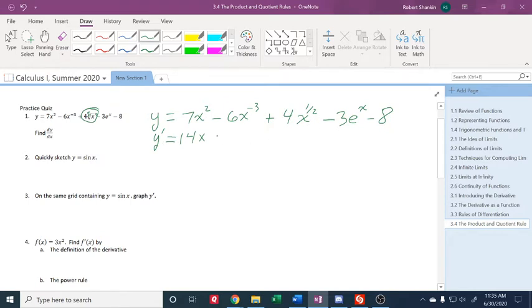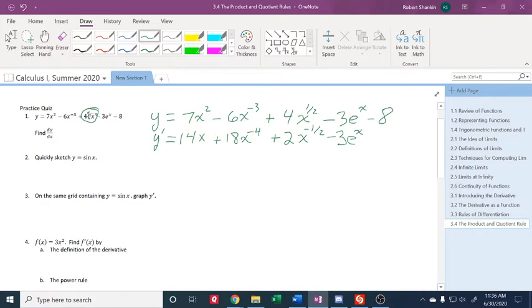And then this is going to be plus 18x to the negative 4. And this is plus 2x to the negative 1/2. And then the derivative of e to the x is just e to the x.